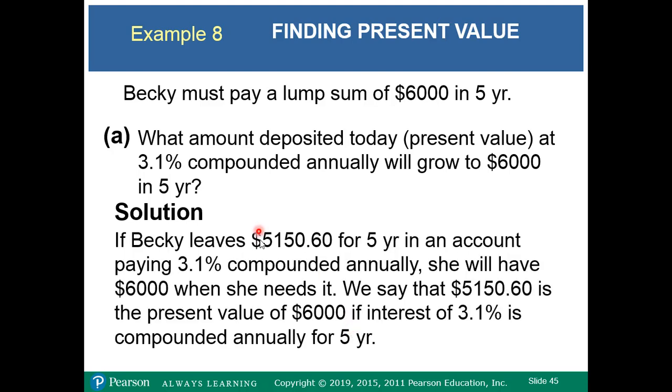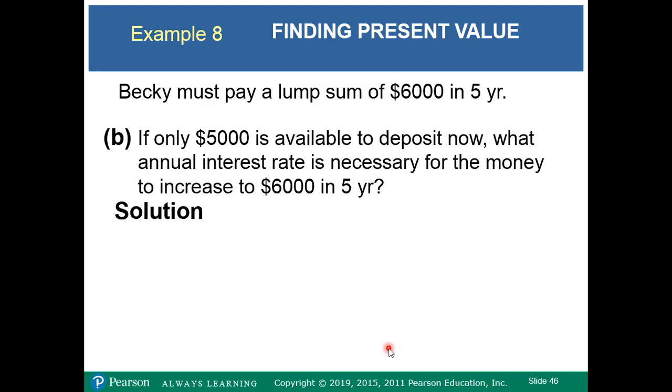So if Becky leaves the $5,150.60 in for 5 years in an account that pays 3.1% compounded annually, she will have $6,000 when she needs it. We say that $5,150 is the present value of the $6,000 if interest of 3.1% is compounded annually for 5 years, okay? Or the principal amount. That was the beginning amount.